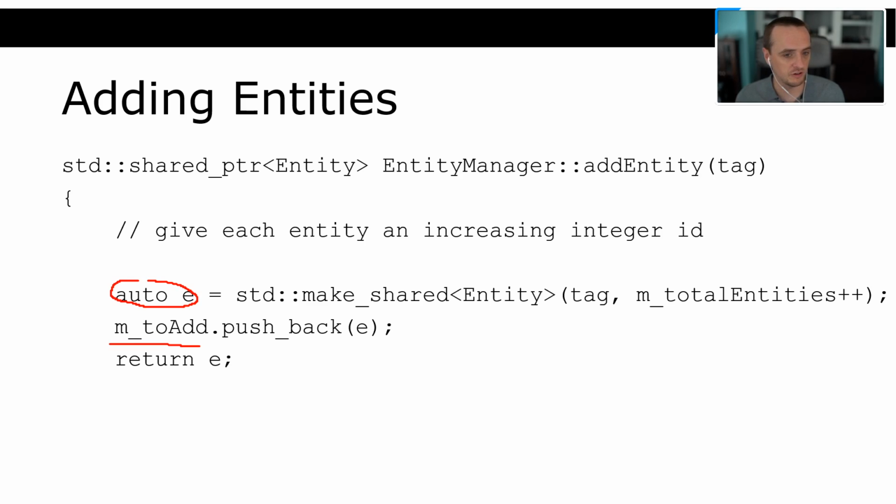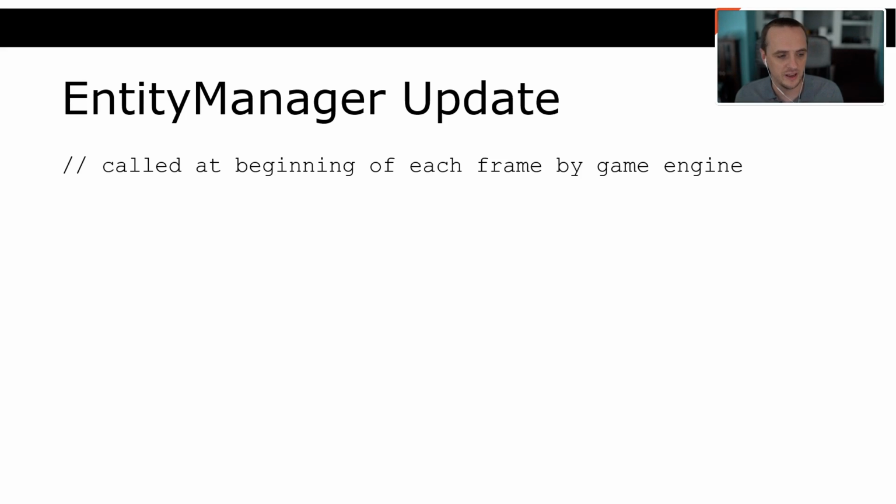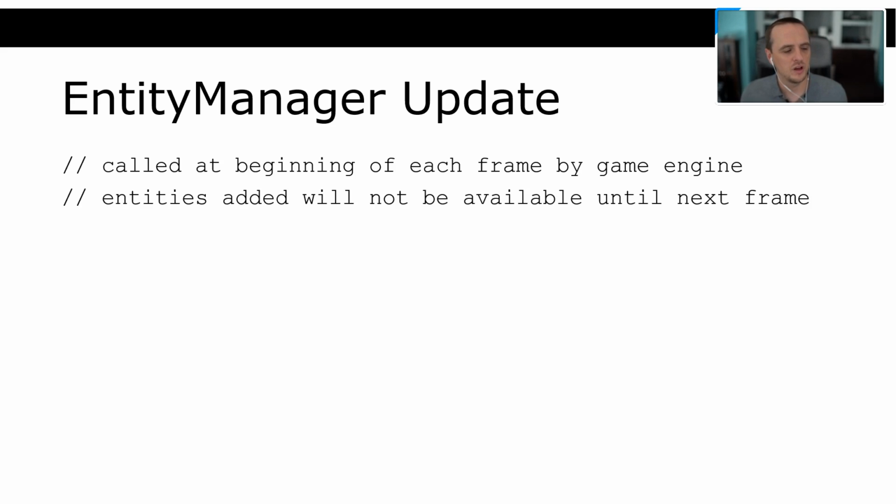And now we're going to return the entity. So that entity is not currently in the vector of all entities yet. What's going to happen is we're going to have an entity manager update function, which is called at the beginning of every frame by the game engine. One slight downside of this whole thing is that entities that we've added will not technically be available to use until the beginning of the next frame.